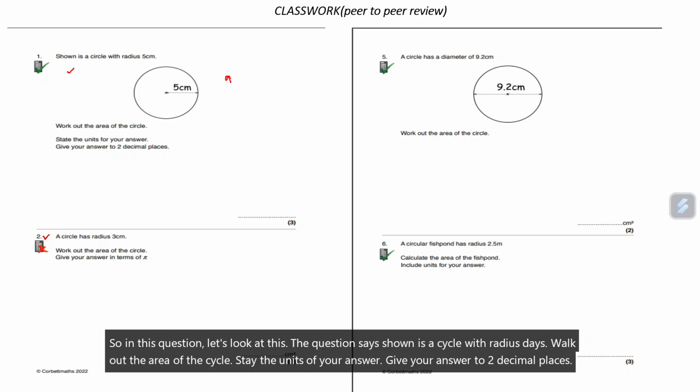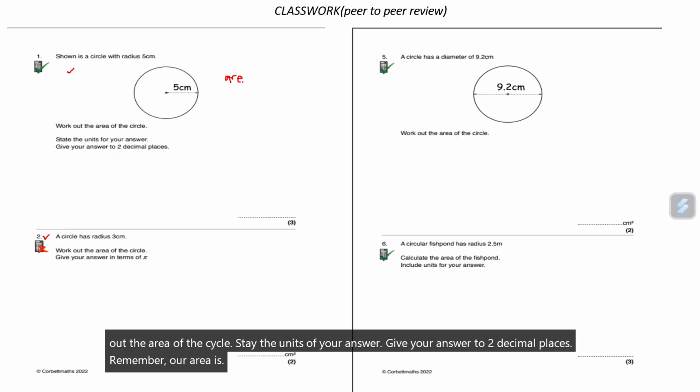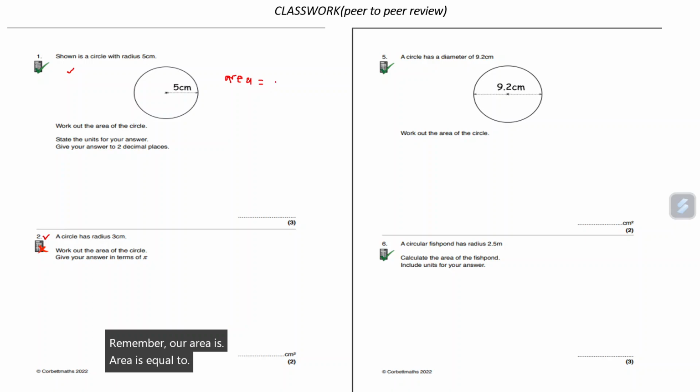Remember, our area is equal to pi r squared, where the value of our pi is 3.142, times 5 squared.